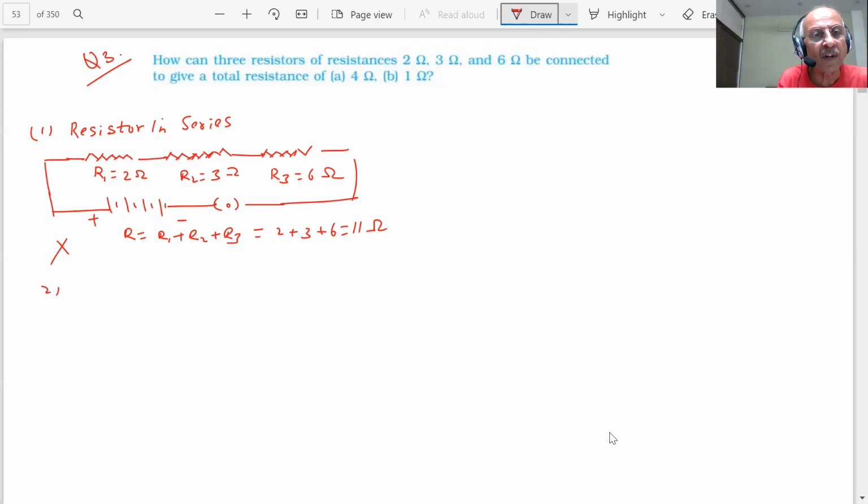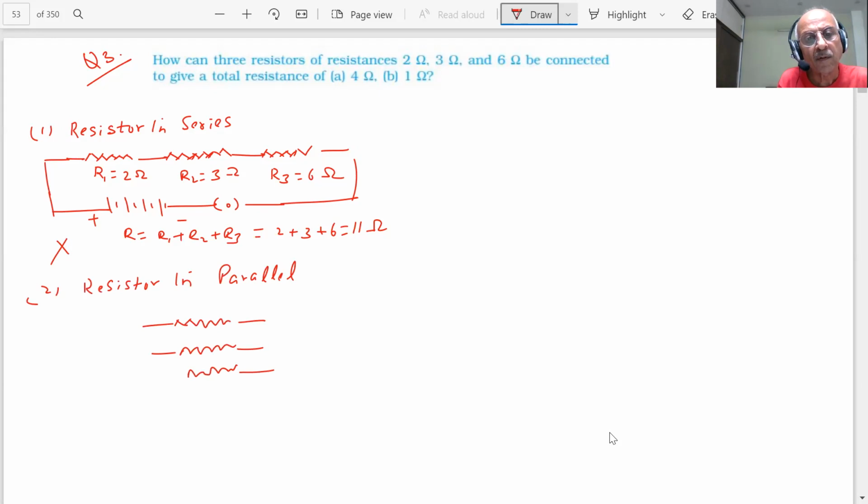Then let me see the second option. If I connect the resistors in parallel, you have R1, you have R2, you have R3. They have a common node.